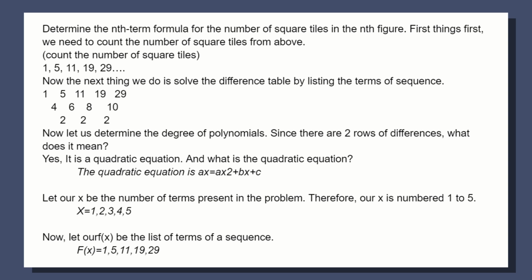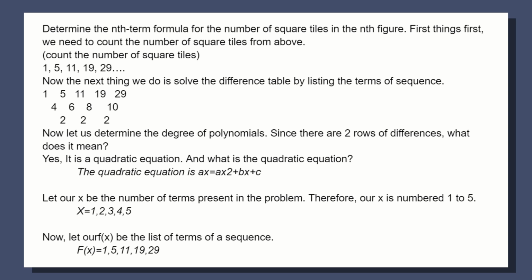After getting the differences, let us determine the degree of the polynomial. Since there are two rows of differences, it is a quadratic equation. And what is a quadratic equation? The quadratic equation is f(x) equals ax squared plus bx plus c.